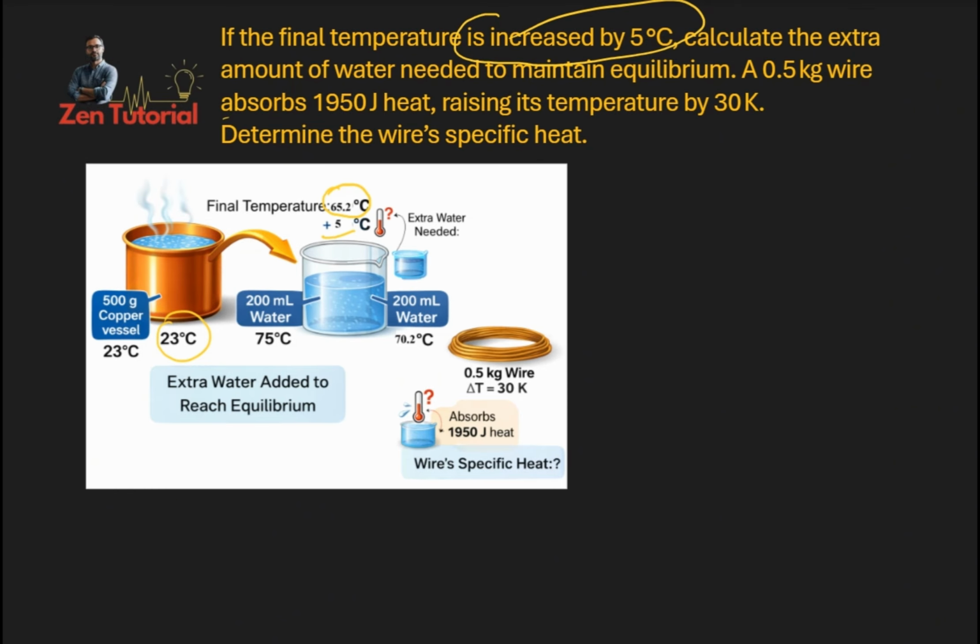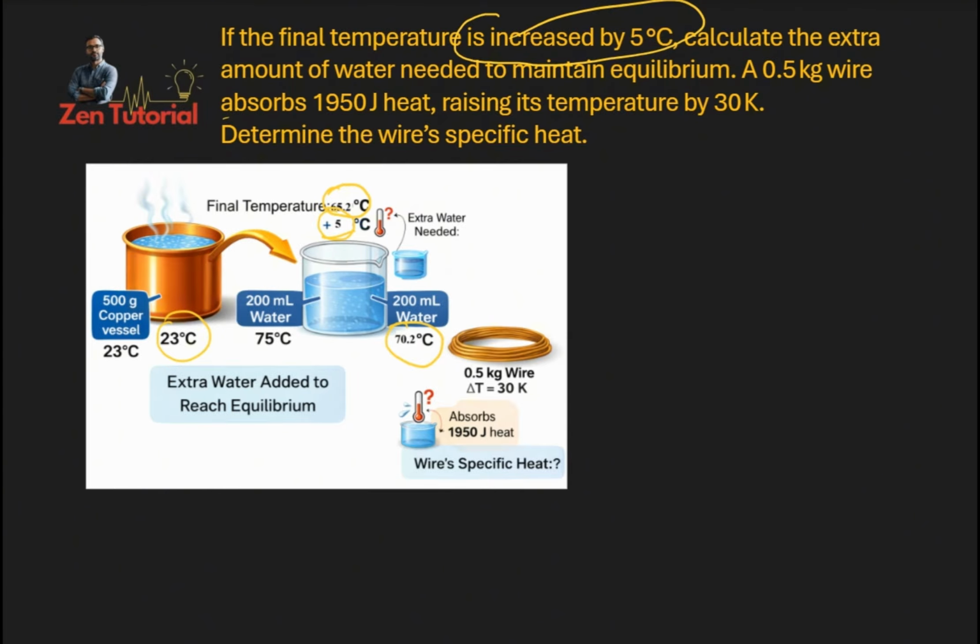Now calculate the extra amount of water needed to maintain the equilibrium. It means the very first question's mixing temperature, the final temperature, was 65.2 degrees Celsius. Now 5 more degrees Celsius need to be added, so the temperature is now 72 degrees Celsius, the final or mixing temperature.